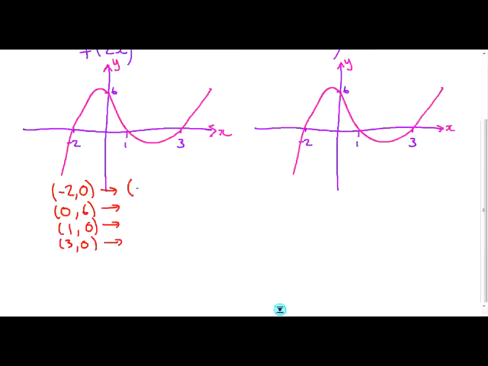So this coordinate is going to go to here. 0 is going to stay the same. That's going to be a half, 0. And this one's going to be 1.5, 0. So -1, 0, 0, 6, that's the same. Half, 0, so that's there. And 1.5, so let's say that's 2, let's put it there.